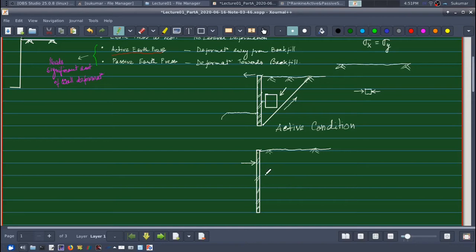In that case, what will happen? My vertical stress is remaining same within the soil element. Again let me consider a soil element near the wall. My vertical stress is, say, sigma z.